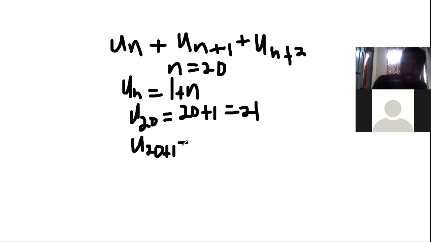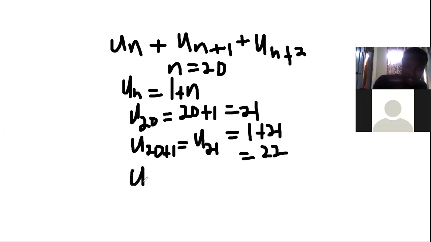So here we can see that U n here is 21. So we are going to get U21. U21 will be equal to 1 plus n again, where here n is 21. So we are going to get 22. Then we can find U22, which is equal to 1 plus 22.